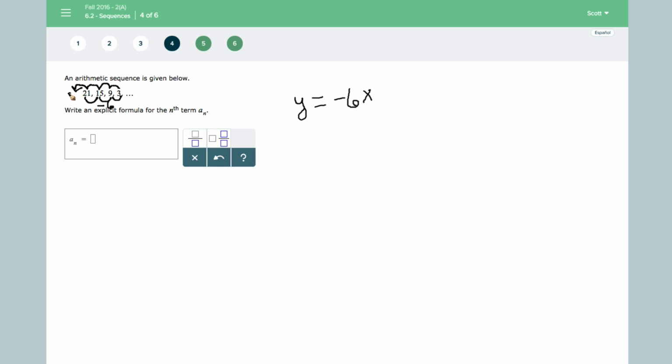That would be 27. Because remember, that's our first term, second term, third term. So the 0 term is right before. So plus 27, because that's a positive 27. So that tells me that the equation, with n again, is negative 6n plus 27.